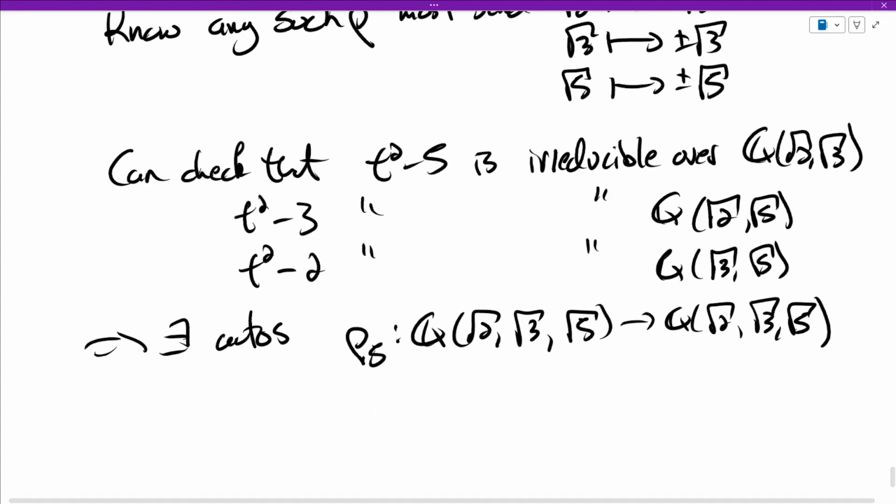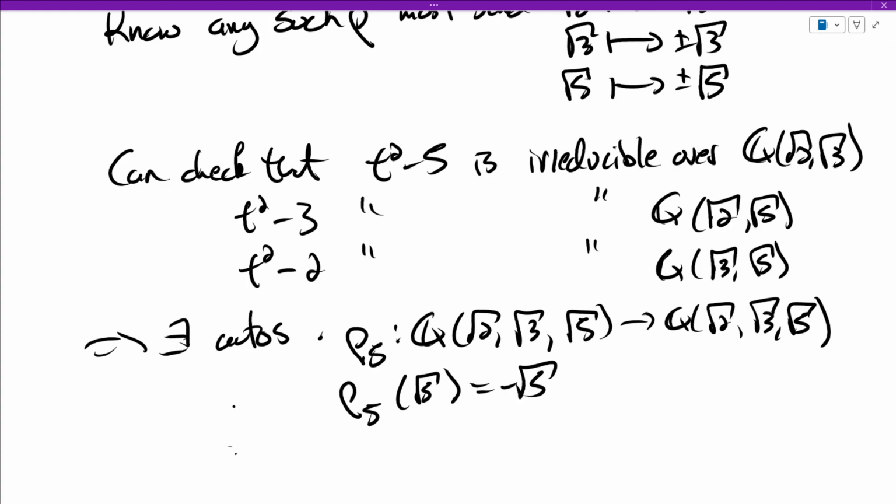So there exists an automorphism over Q that fixes Q adjoin root 2, root 3 that interchanges the roots. There exists an automorphism rho 5 with rho 5 of root 5 is negative root 5.